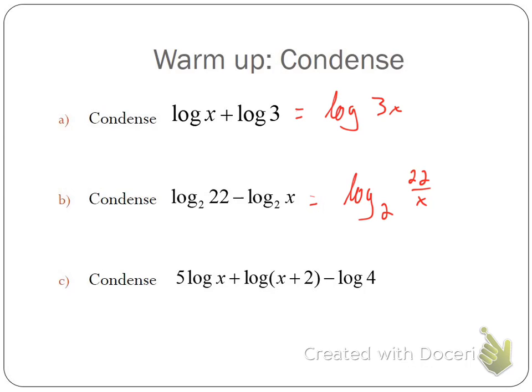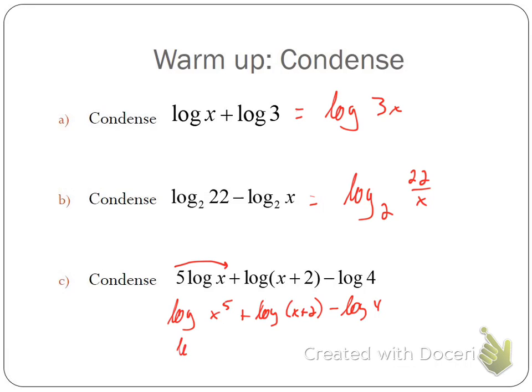Last but not least, the third one, we have to remember that coefficients can be rewritten as exponents, right? So this 5 we can bring up as a coefficient on that x. So log of x to the 5th, plus log of x plus 2 minus log of 4. And then we go left to right, right?